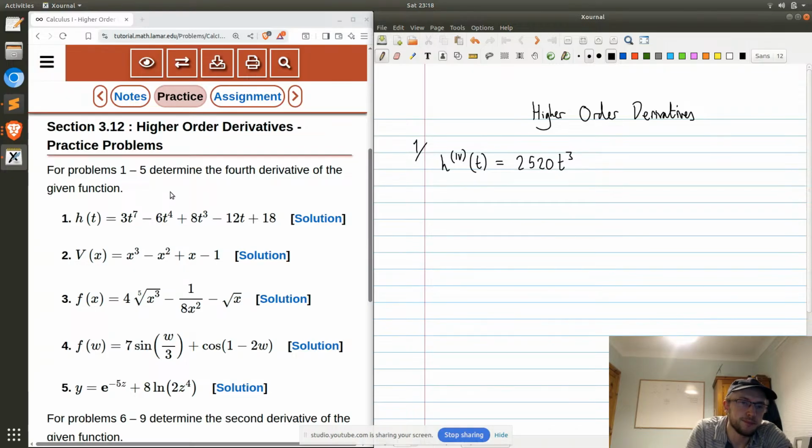Next up, okay, once I get negative 24t cubed, negative 72t squared, negative 144t, negative 144. And that will disappear.